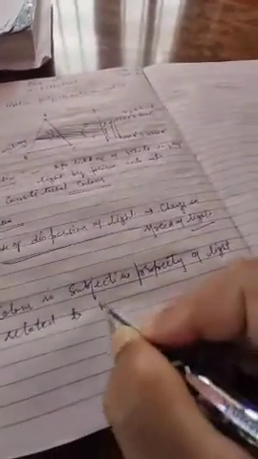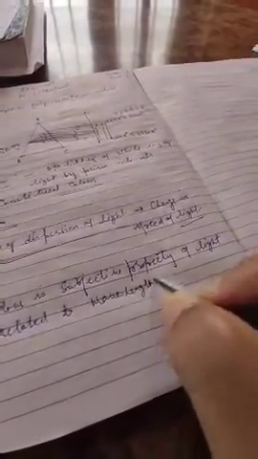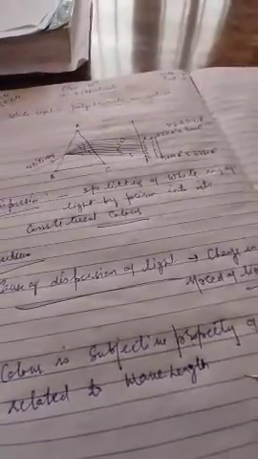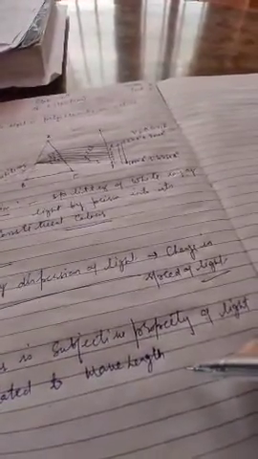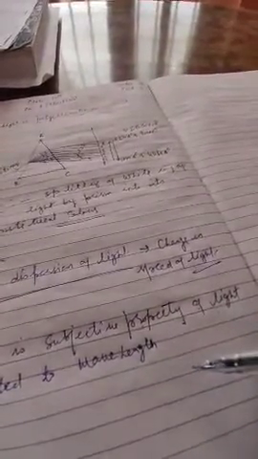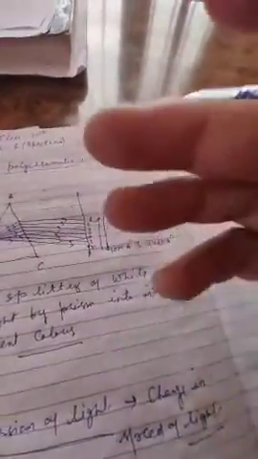Once again, color is a subjective property of light related to wavelength. It means that different colors differ in their wavelength. So wavelength is the characteristic of color irrespective of its origin. So this is what Newton's experiment is.